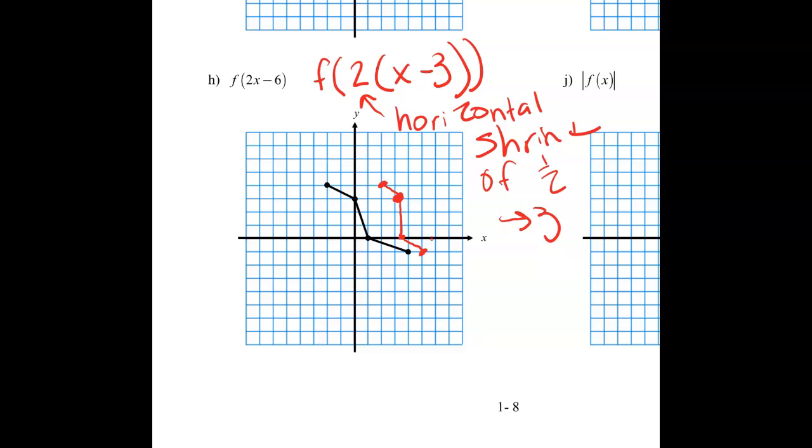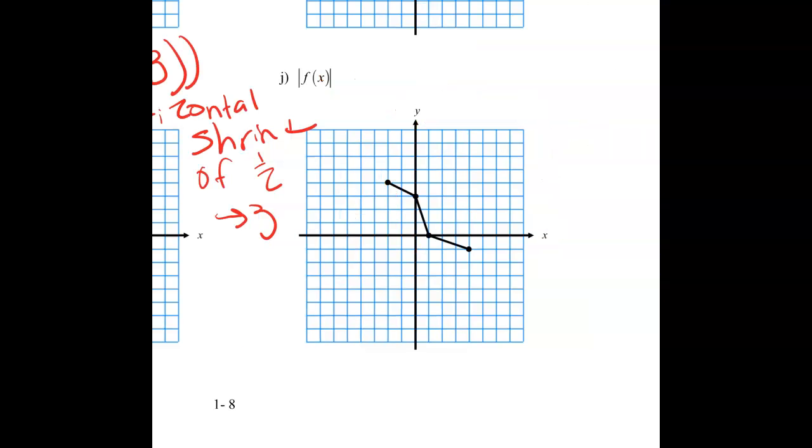Alright, last example. So I've got the absolute value of f of x. Since my f of x is in absolute value, that means it is going to affect my y values, making all of them positive, because absolute values make everything positive. This point already has a positive y value.